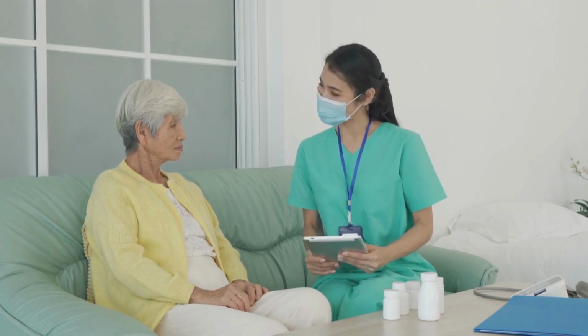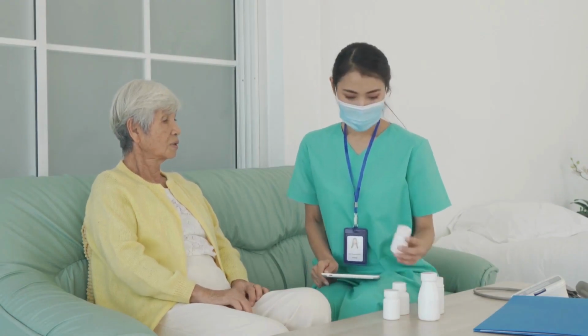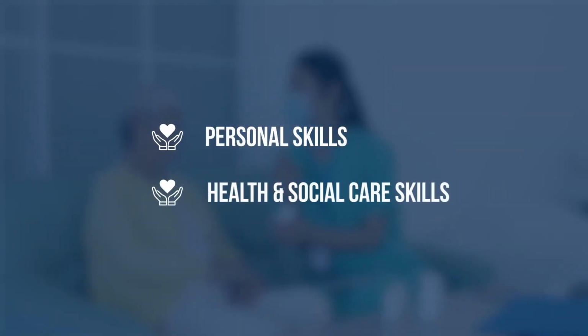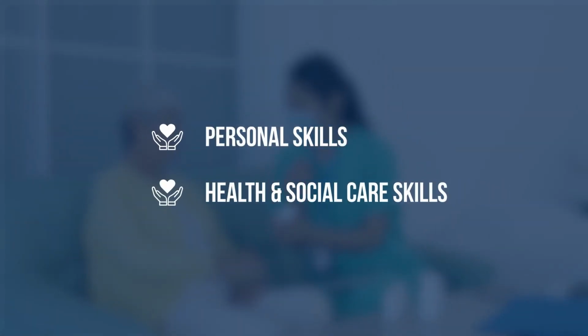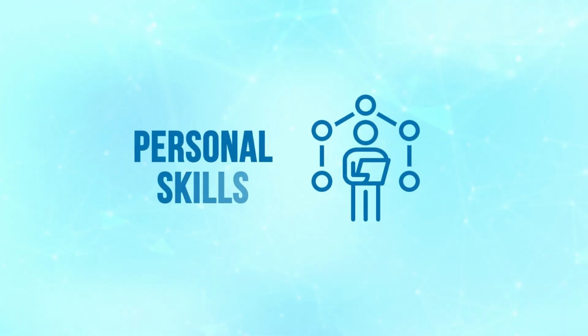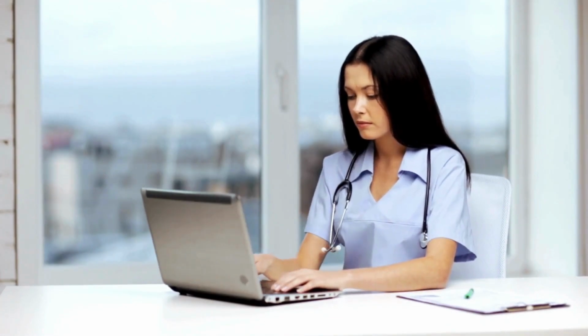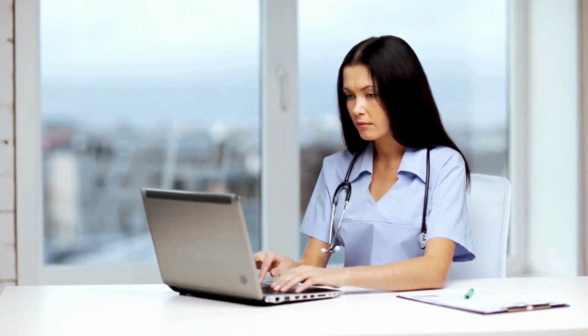The skills that healthcare professionals need can be divided into two categories. 1. Personal skills, and 2. Health and social care skills. Firstly, let's focus on personal skills. In healthcare, these soft personal skills can be more important than certain technical skills.